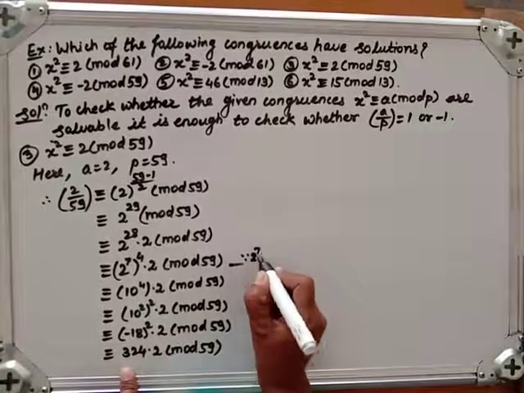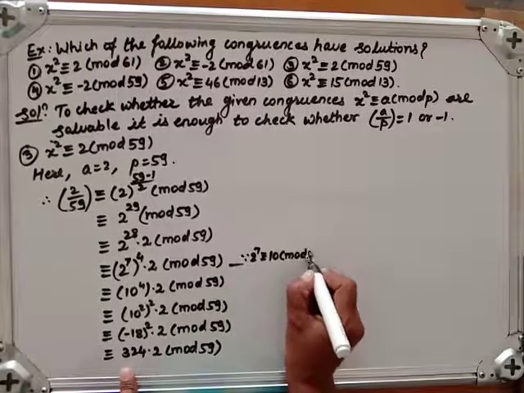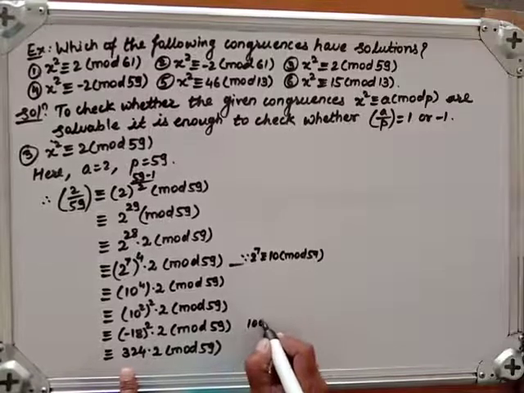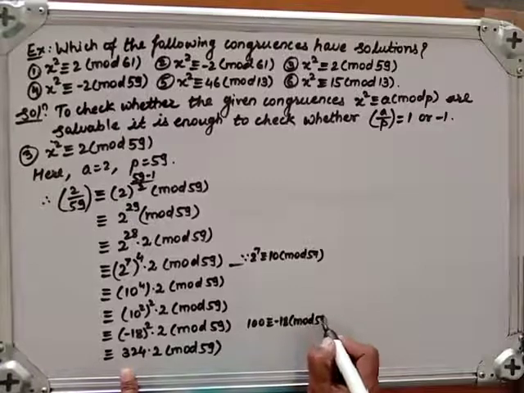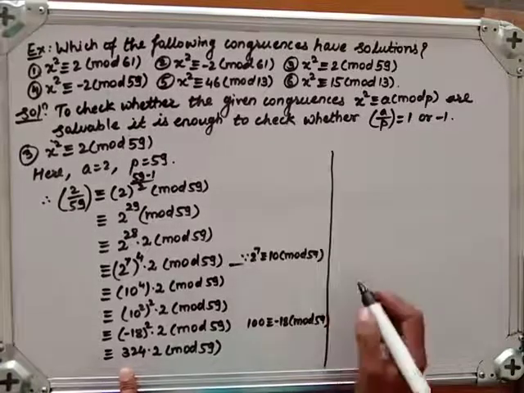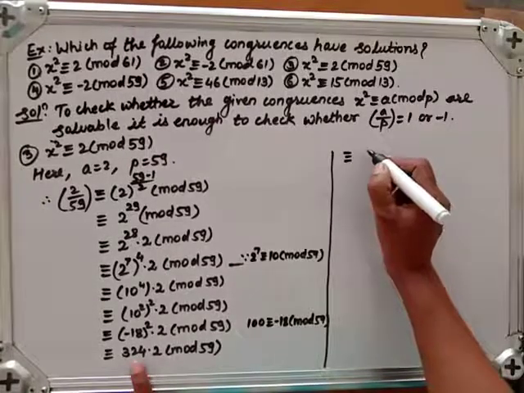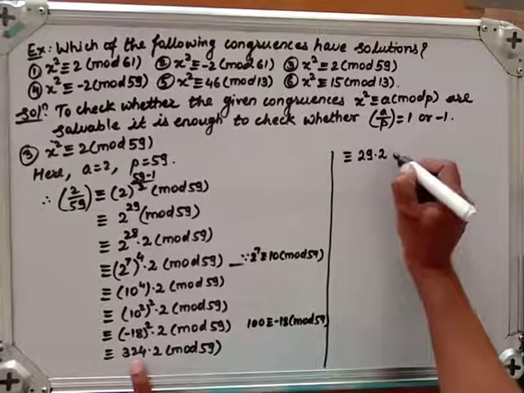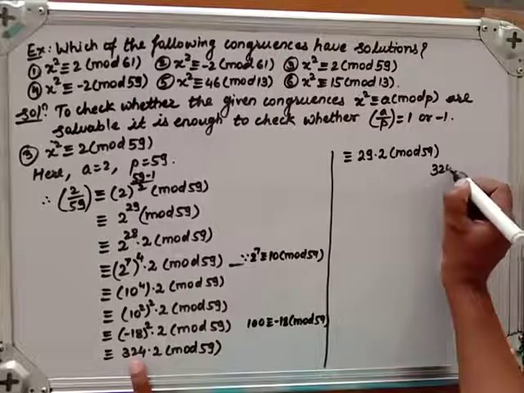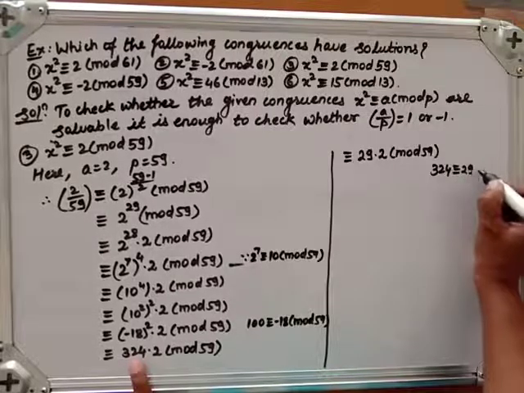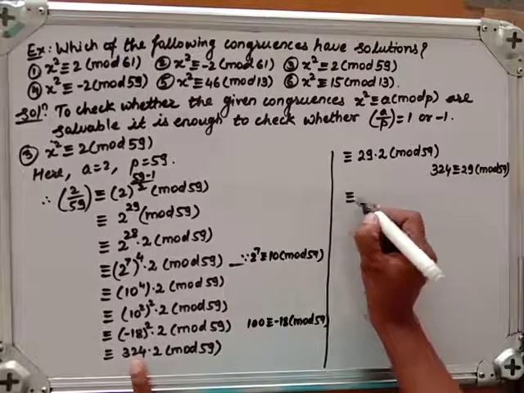Here it is what? 2 raised to 7 congruent to 10 modulo 59. And here 100 congruent to minus 18 modulo 59. So here let me write further. This is congruent to whom? It is congruent to 29 into 2 modulo 59. Now why does this? Because 324 congruent to 29 modulo 59. Okay, so this is it.